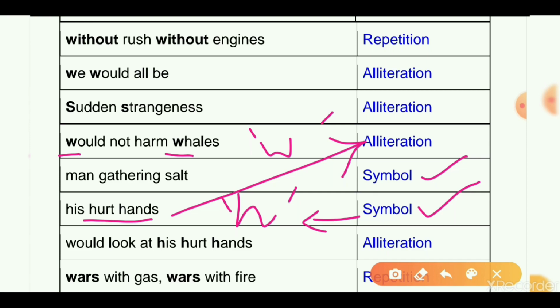Literally it means injured hands, but symbolically it means that human beings have in some way harmed themselves. "Would look at his hurt hands" has an alliteration which I have already explained just now.